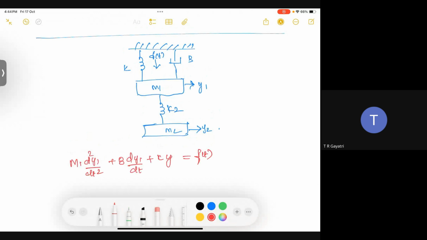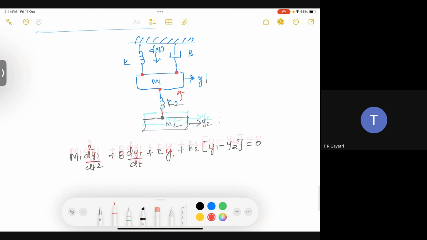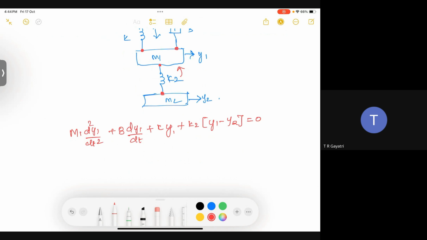Okay, you're making one mistake here because I left this out. This is also connected to m1, no? So this k2 should also be considered while writing the equation for m1. So k2 into y1 minus y2 should also be considered in the first equation. When you write the second equation, it should be y2 minus y1 since you are seeing it from this direction.